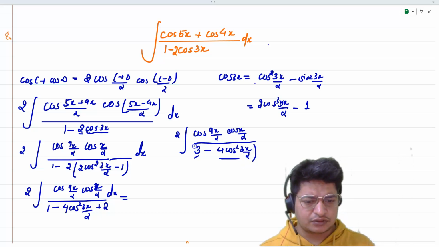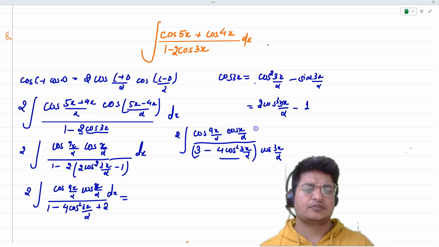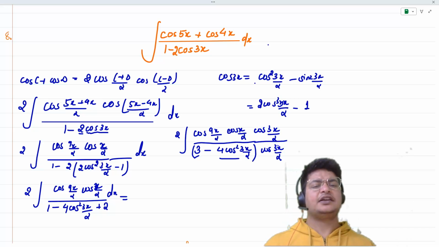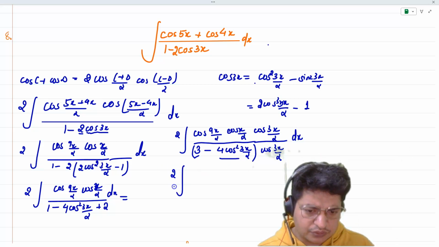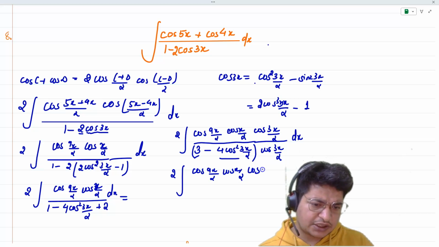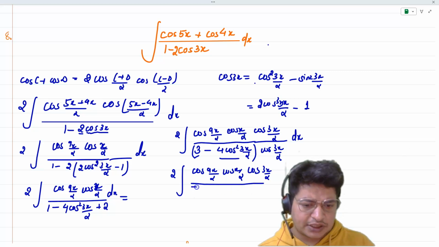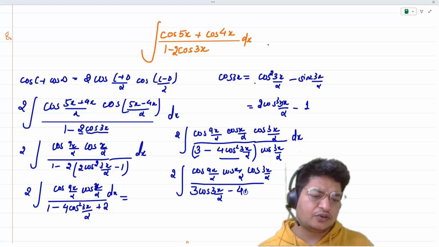So for that, whatever is written here, we will multiply and divide by cos of 3x by 2. Now we can write 2 as it is, cos of 9x by 2 as it is, cos of x by 2 as it is, and cos of 3x by 2 as it is. But if you see the denominator, you can write it as 3 cos 3x by 2 minus 4 cos cube 3x by 2.